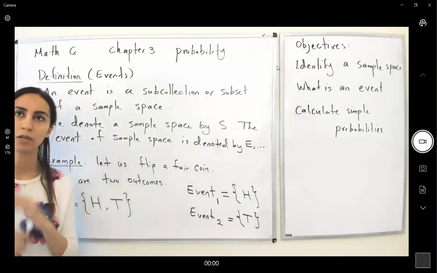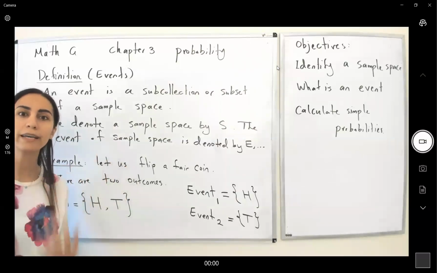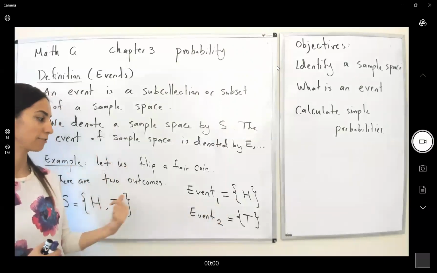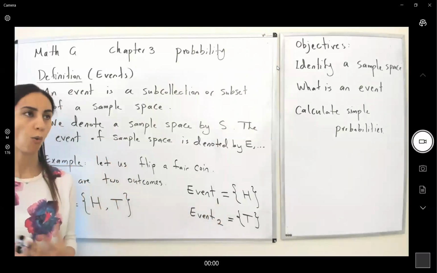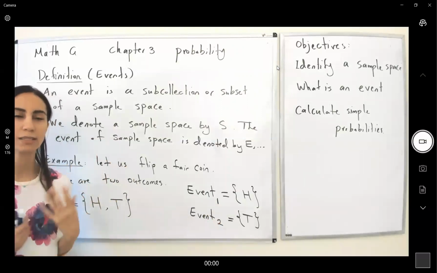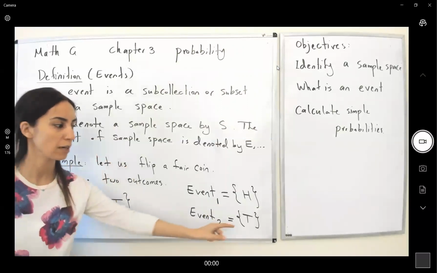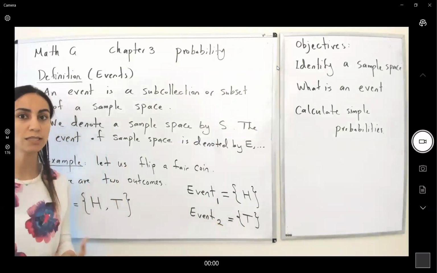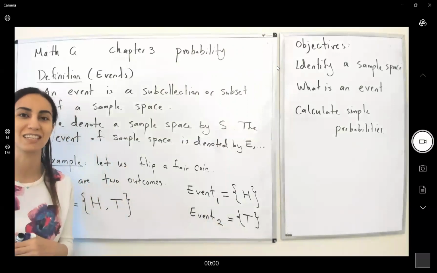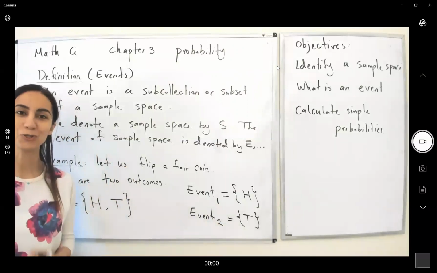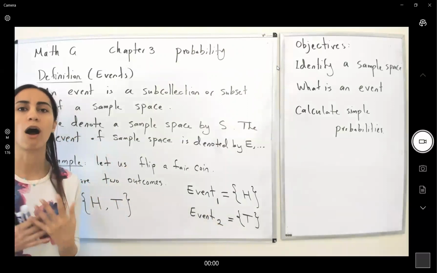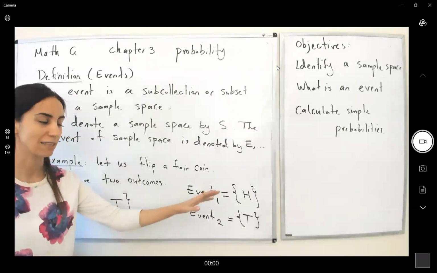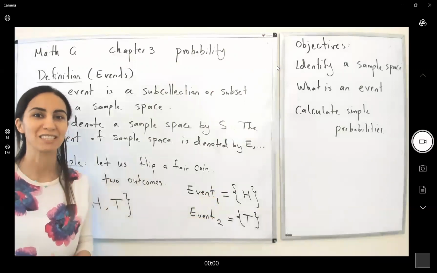For example, you might ask, what is the likelihood of having a head in flipping a coin? What's the probability of getting tail by flipping a coin? These are the questions that you're interested in answering by using the cardinality of the sample space and also the cardinality of those events.